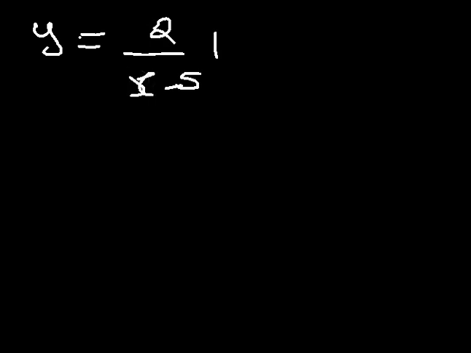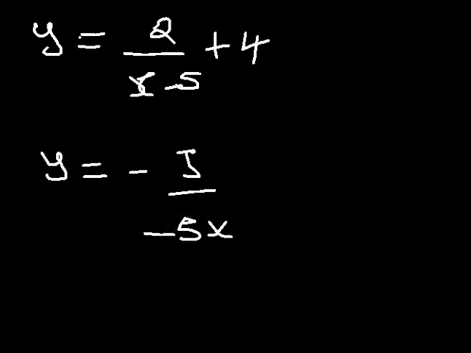And also try to work this out in your own time, and appreciate how you can get that. Let's say we have y is equal to 2 over x minus 5, plus 4. Let's say we have y is equal to negative 3 over negative 5x plus 2.